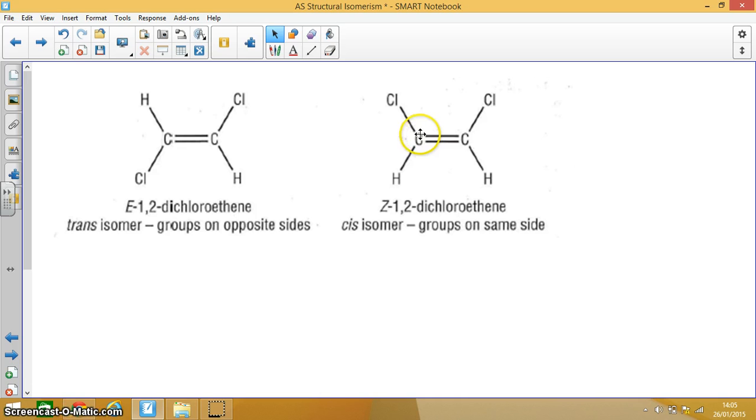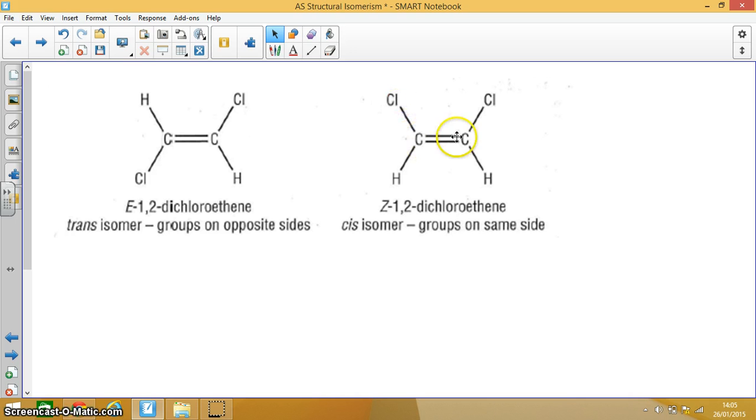In this case we've got the carbon-carbon double bond, but we have both of the chlorines on the same side of the double bond. They are not on opposite sides as in this molecule, and this is the Z isomer, and this configuration is said to be cis.